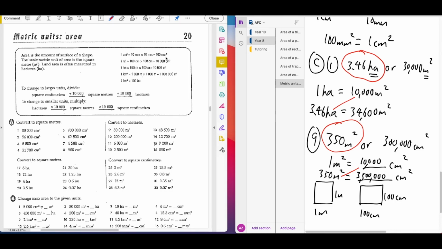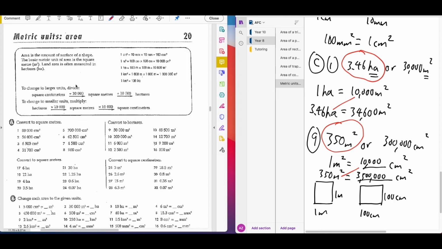But if you cannot memorize the result, what I recommend is you start from the unit that's bigger, you draw a square, and then you draw another square where the units have been converted. So for example, if you have 1 square meter and you want to convert it to square centimeters, you draw a square that's 1 meter by 1 meter, and then you draw another square where the units are in centimeters. That's how you convert from square meters to square centimeters.